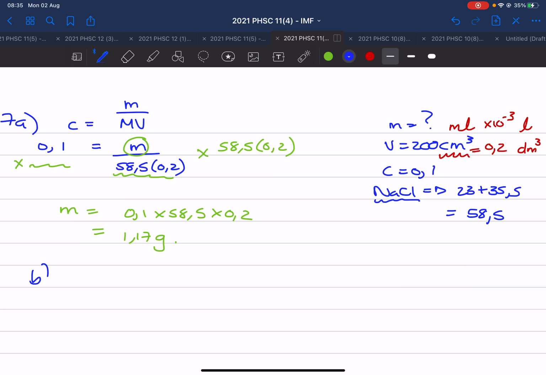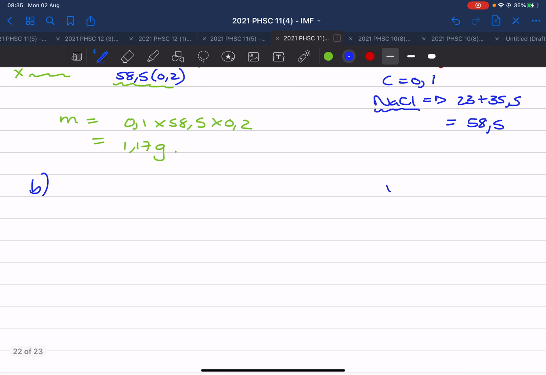Okay, question B. They say there we have a volume of 100 cubic centimeters. Again, you say no. We must divide by 1,000, so that is 0.1. So the question is again to calculate the mass. The concentration here is 0.5 and they say we're busy with potassium hydroxide. The reason why they give us that is so that we can calculate the molar mass.